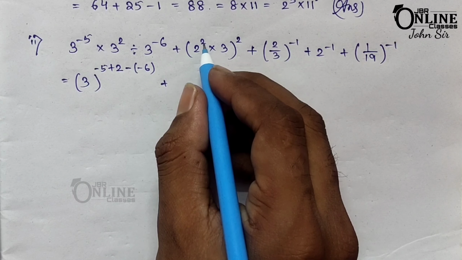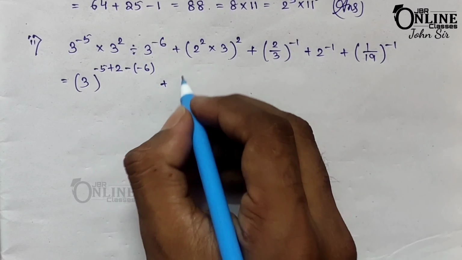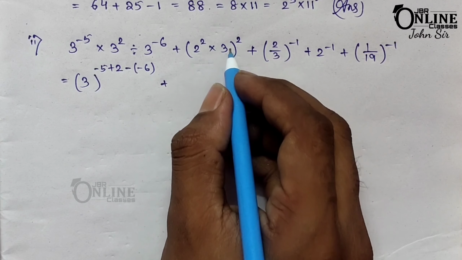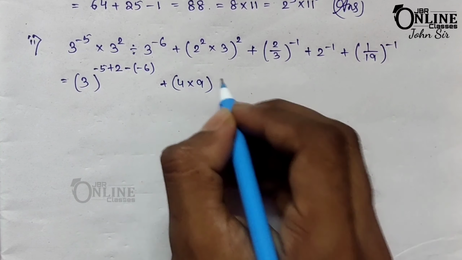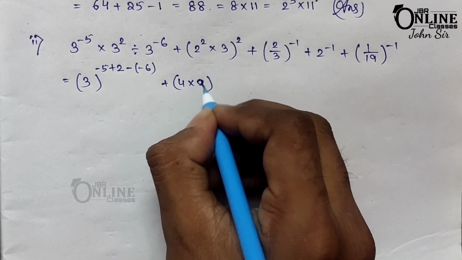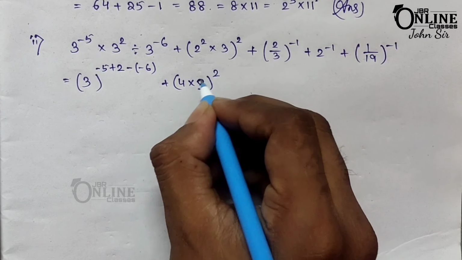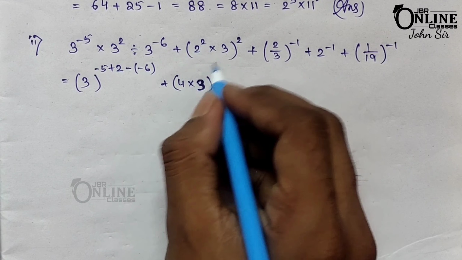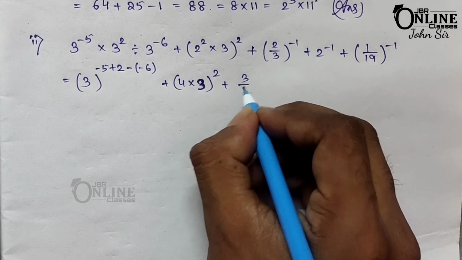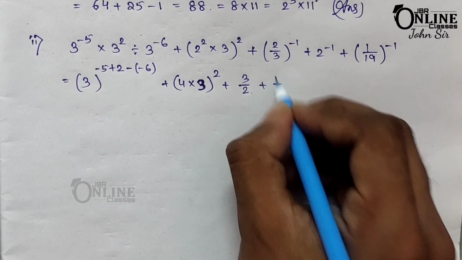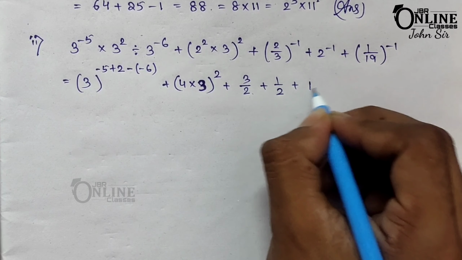So here 2 square into 3 square. Okay, so 2 square means 4 and here 3 square means 9. So 4 into 9. Sorry, here 4 into 3, not 9, then whole square. 2 square means 4 into 3 whole square. Here 2 by 3 whole to the power minus 1, so it becomes 3 by 2. Then it's half, and the last one only 19.